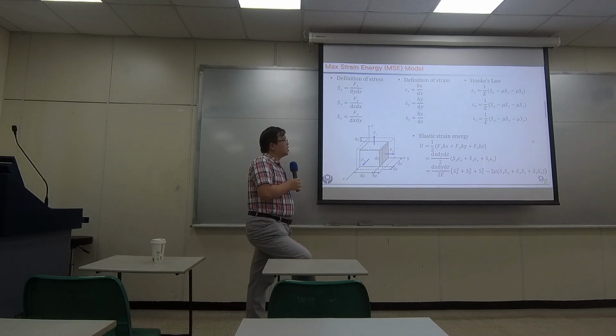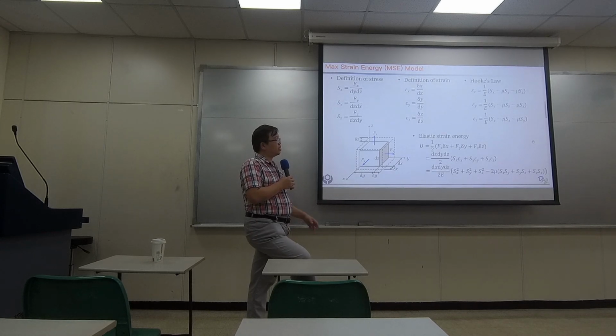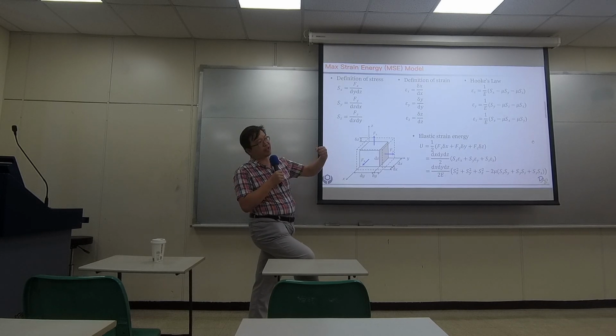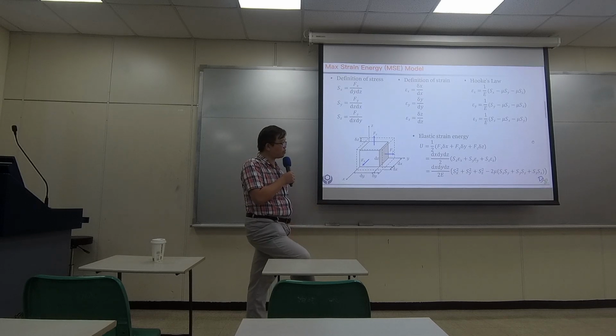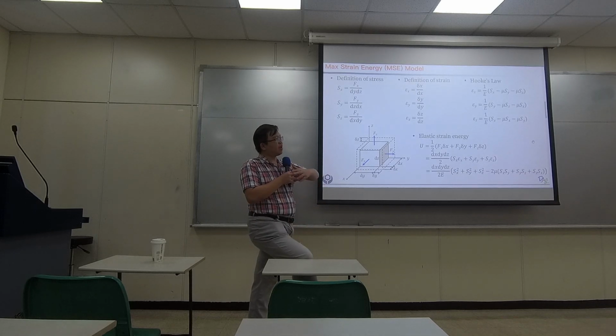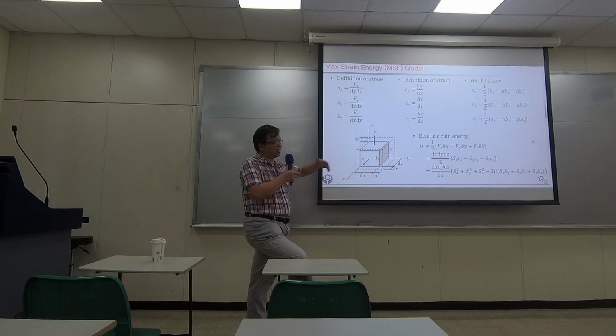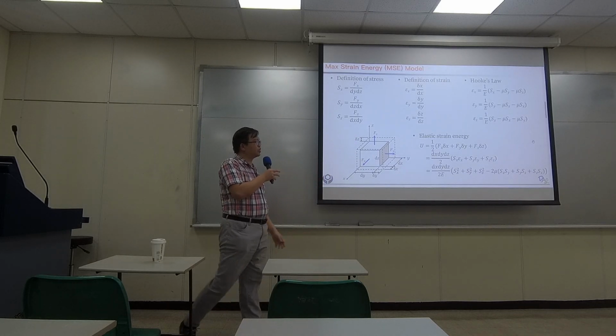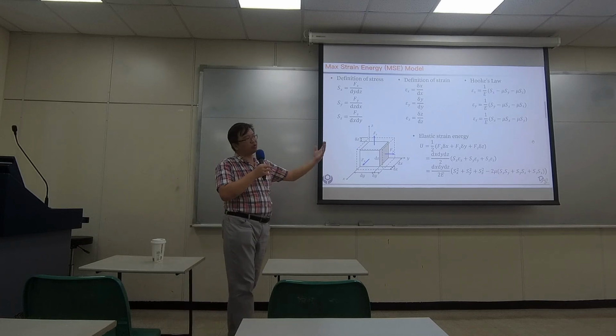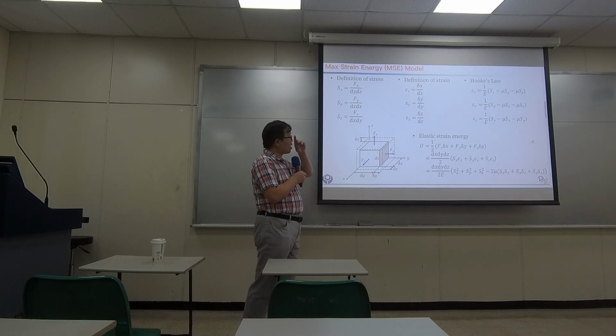Assuming there is no loss of energy, if you pull a spring and release it, it returns back to its original shape, as long as you didn't pass through its linear elastic region. So suppose there is no energy loss.